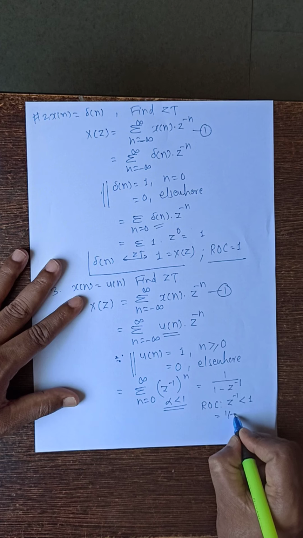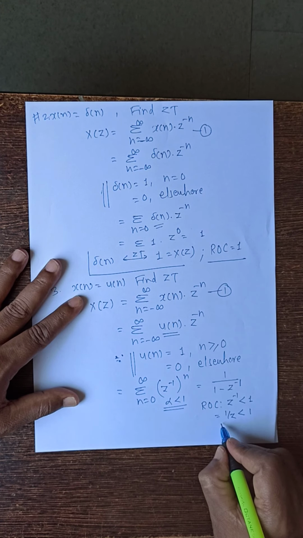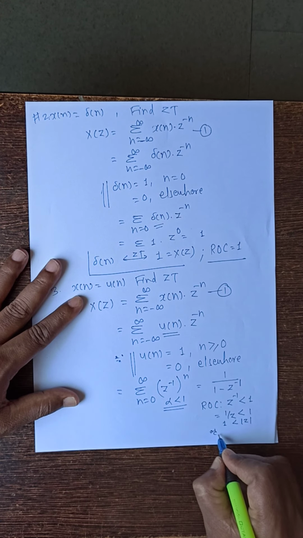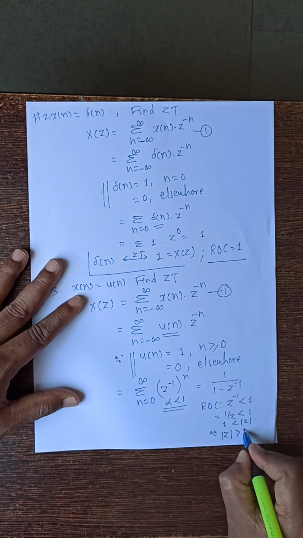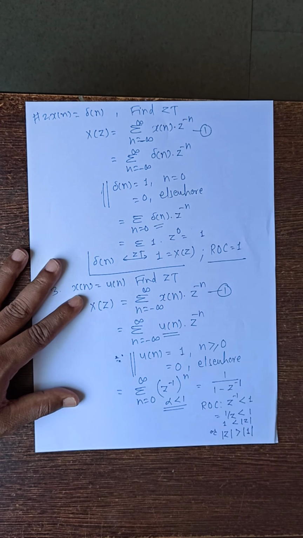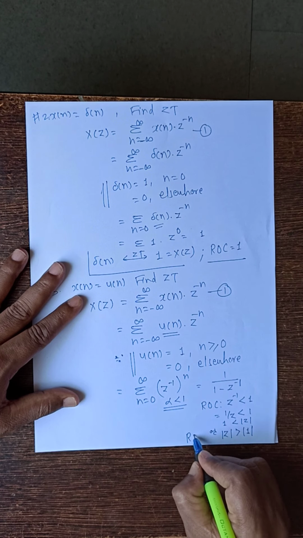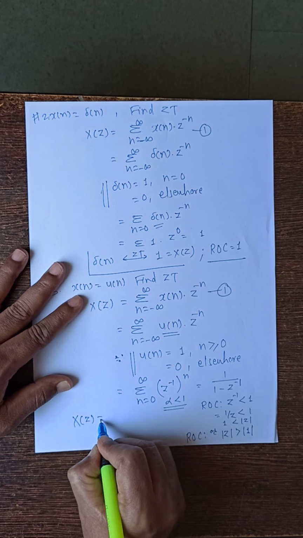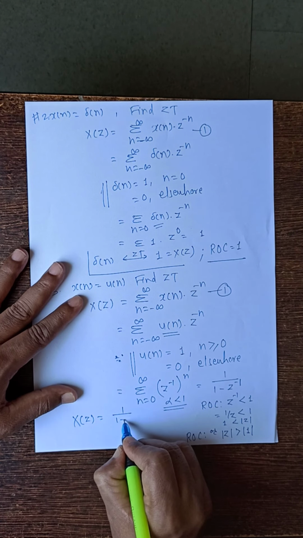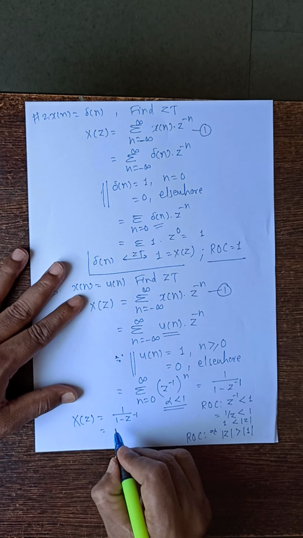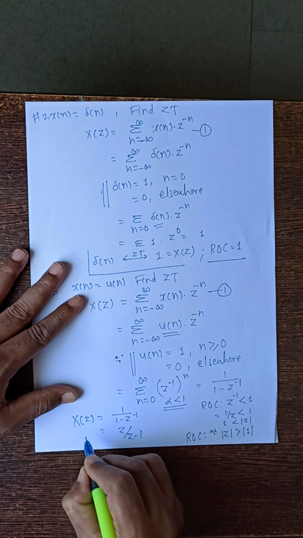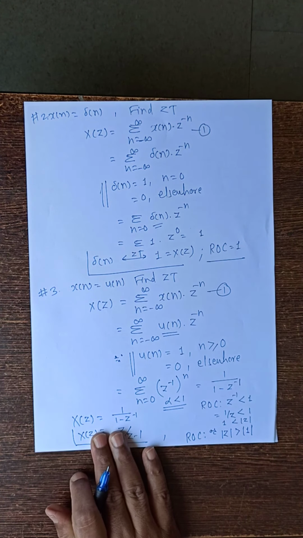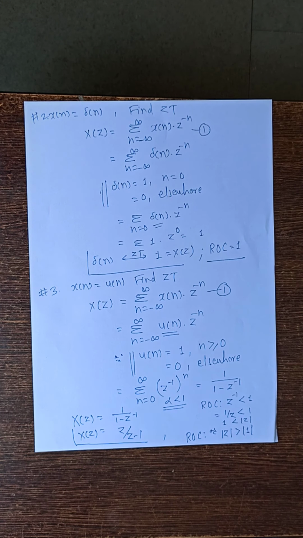So I can write 1 by z should be less than 1, or 1 should be less than magnitude of z, or in other words, magnitude of z should be greater than magnitude of 1, that is equal to 1. So this is the ROC. And X(z) we can write as 1 divided by 1 minus z raised to minus 1, that is equal to z divided by z minus 1, with ROC magnitude of z greater than magnitude of 1.